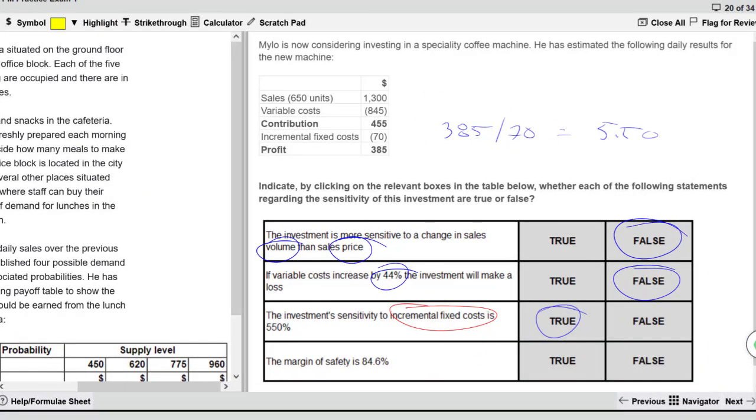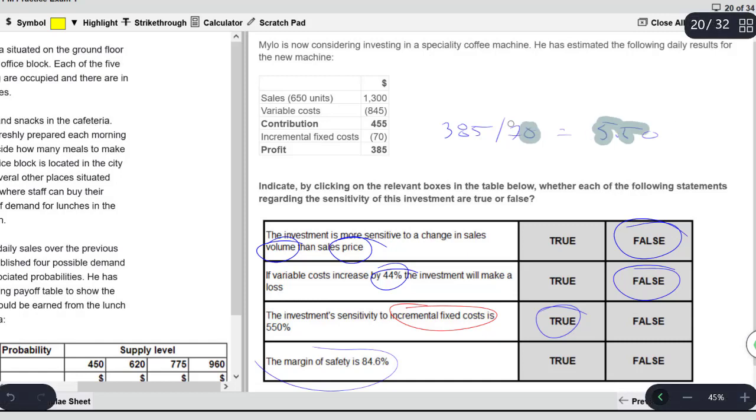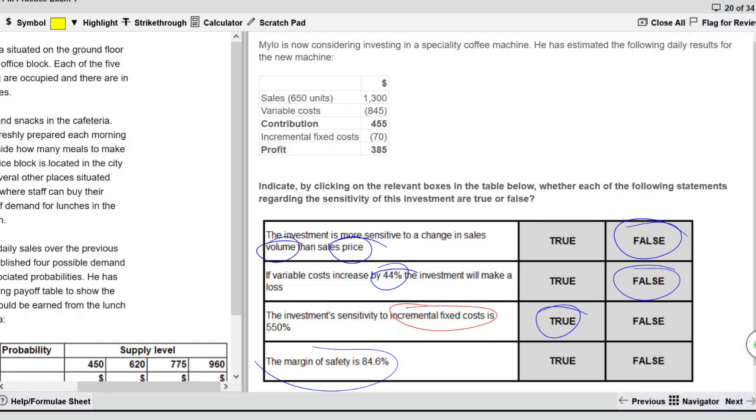And the fourth statement, boy, this is a lot of work, this question, a lot of calculations. Margin of safety. If you remember, what is the margin of safety? That is the drop in activity level from the current or the budget to the break-even point, or how much can our activity drop before we break even.